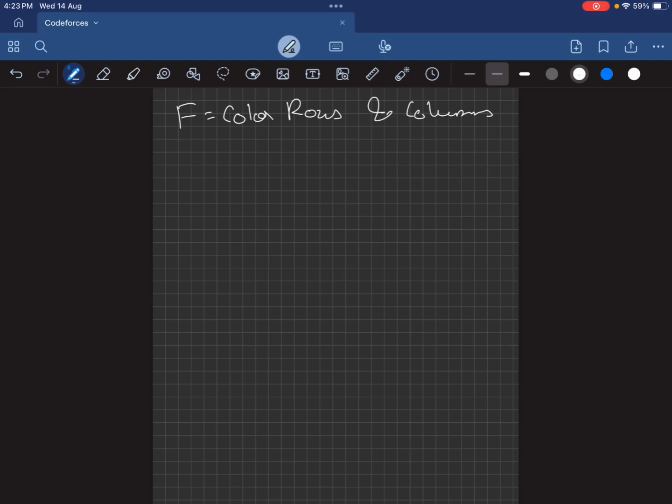But yeah, in this question, we are given n rectangles, an integer k, and the dimensions of the n rectangles. So what is happening in this question?